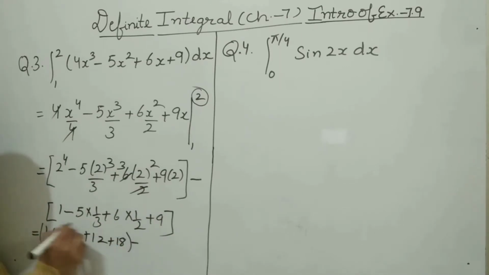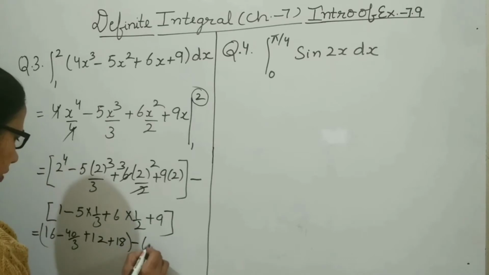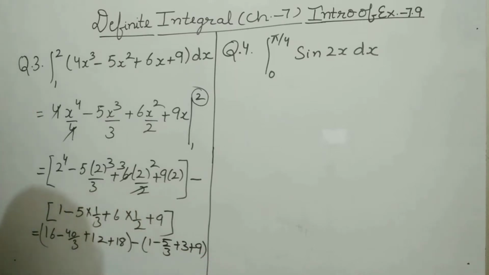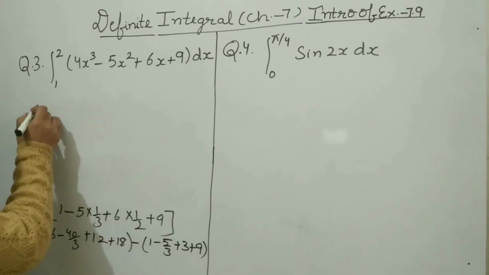Then take negative sign and solve this bracket. 1 minus 5 by 3 plus 3 plus 9. Here. Now solve it for the answer.